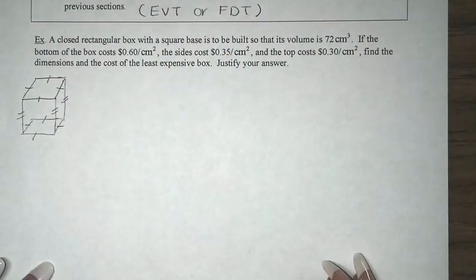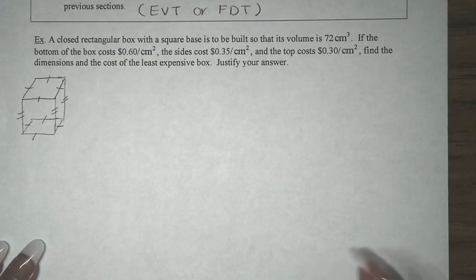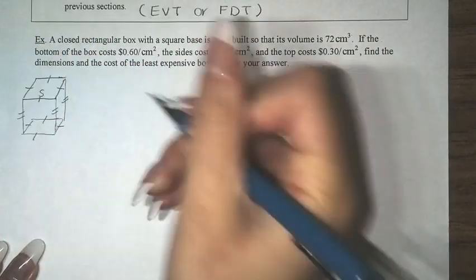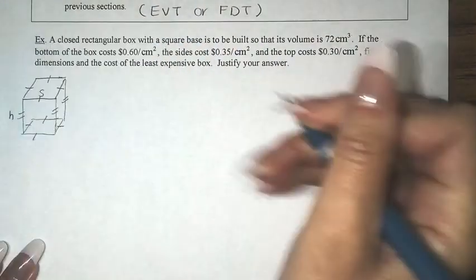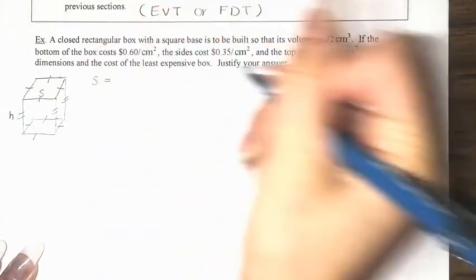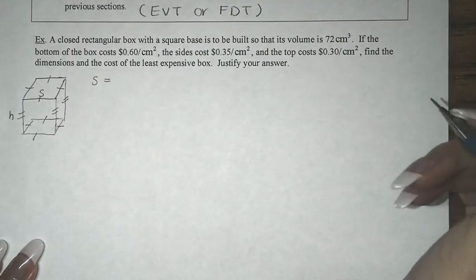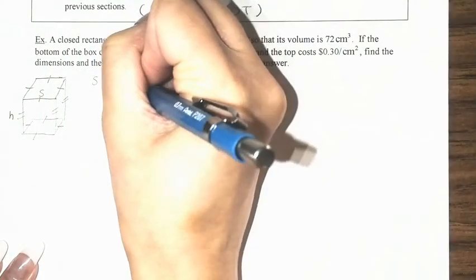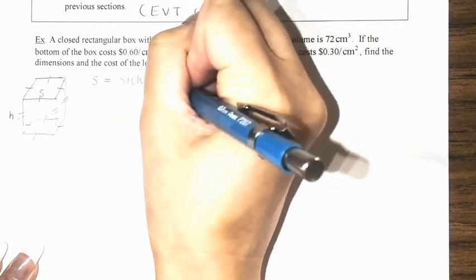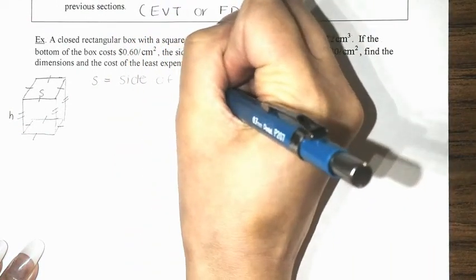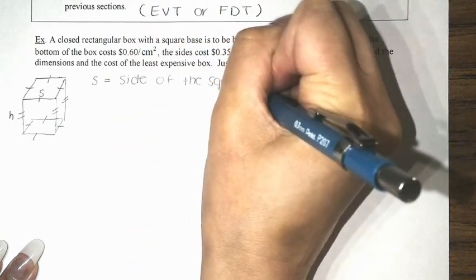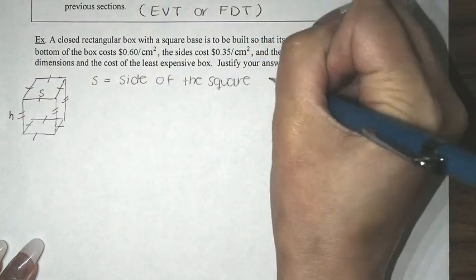So for the sake of this problem, I'm going to call this side s, and this is the height h. In case you're wondering, s is going to be equal to the side of the square, and it is in centimeters.